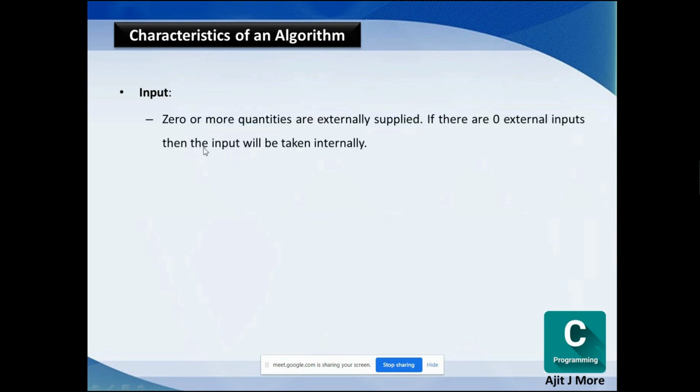So every algorithm receives 0 or more quantities as external input. If there are 0 external inputs, it means they are taking input internally, that is, indirectly, like the output of one algorithm passed as input to another algorithm.